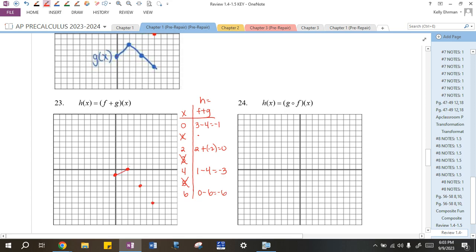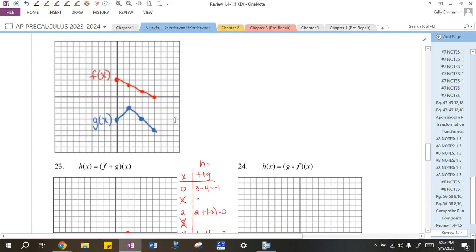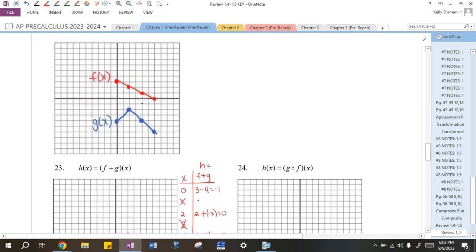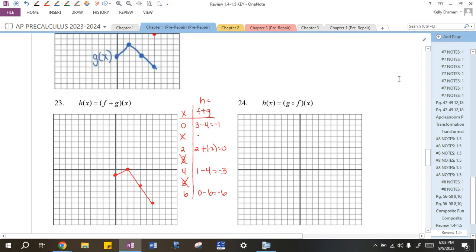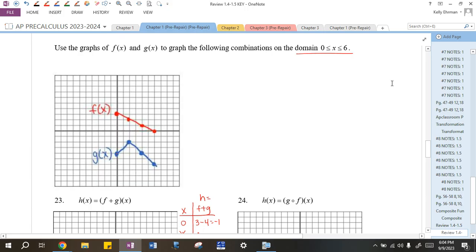I know these are connected with line segments, because both of these graphs are created with little line segments, so their combination would be as well. Okay, so I guess I'll throw an extra thing about these being just the evens.